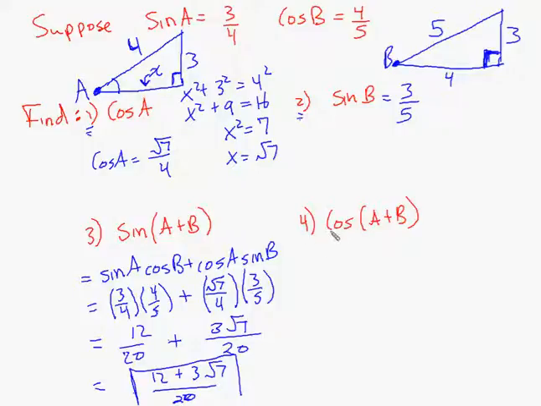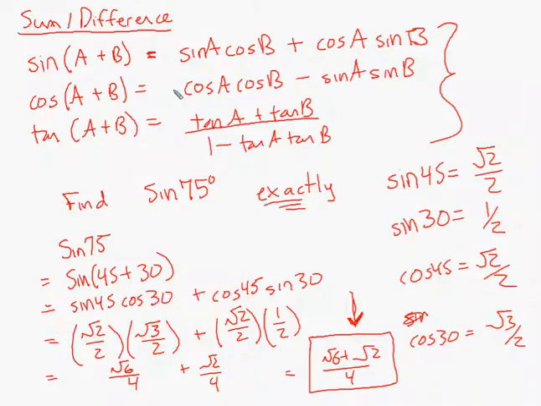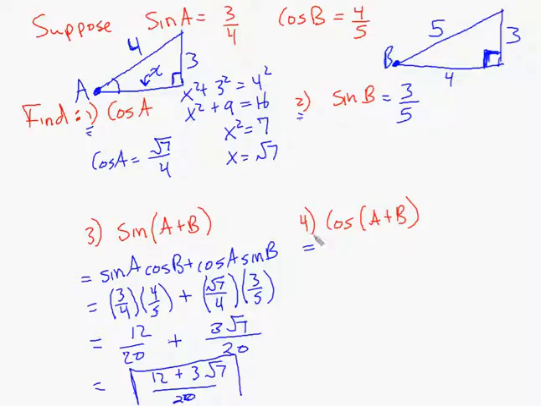Now number 4, we've actually already found all this out. Now we do have a different formula here. This equals, and let's just take another look at it, cosine A, cosine B minus, so that's a little difference, it's a sum formula, but there's a minus for the cosine sum, and then the sine.